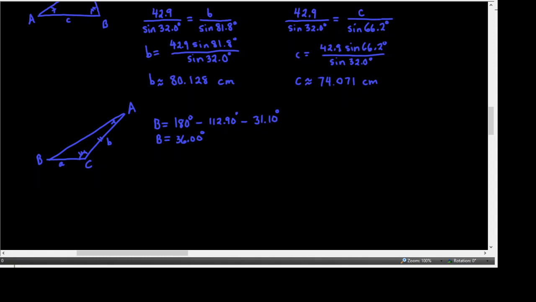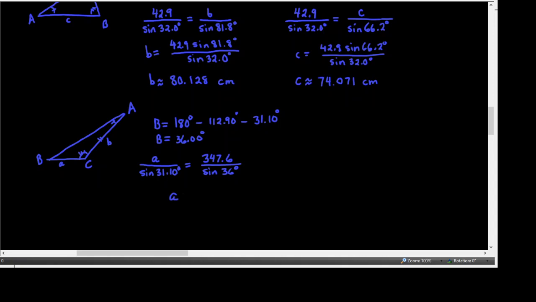Okay, now I have the pair angle B and side B, so I can set up A, which is what I don't know, over the sine of angle A, which is the 31.10 degree angle, equals B, which we were told was 347.6 feet, over the sine of angle B, which we just calculated, and it's 36 degrees.